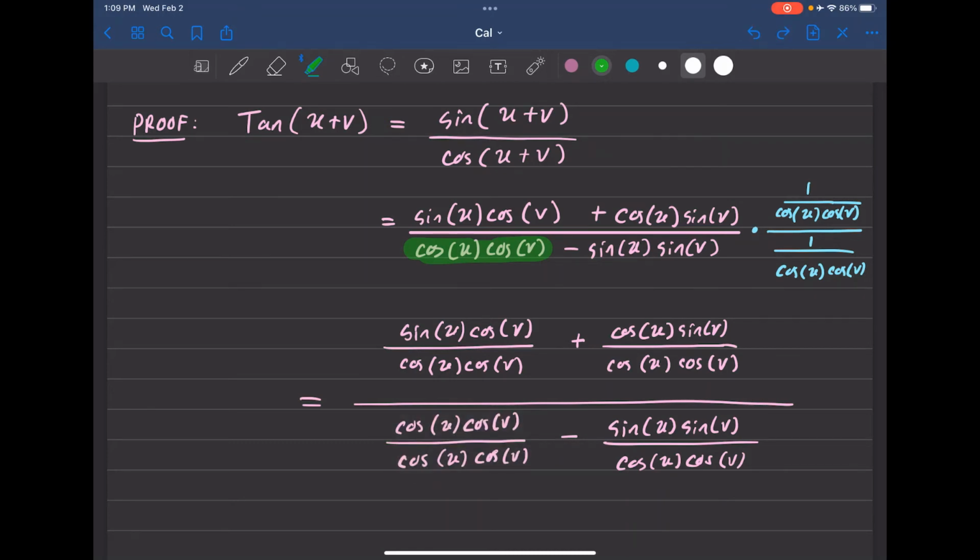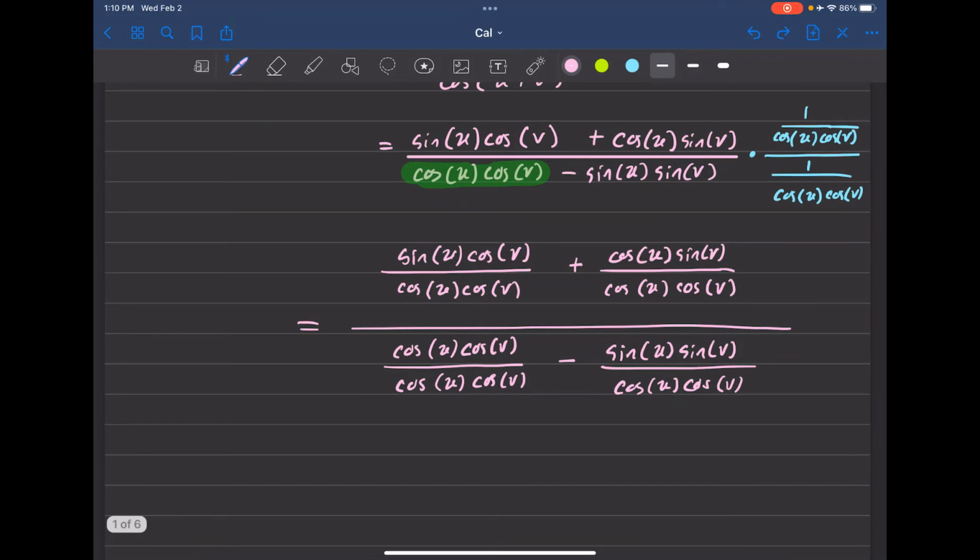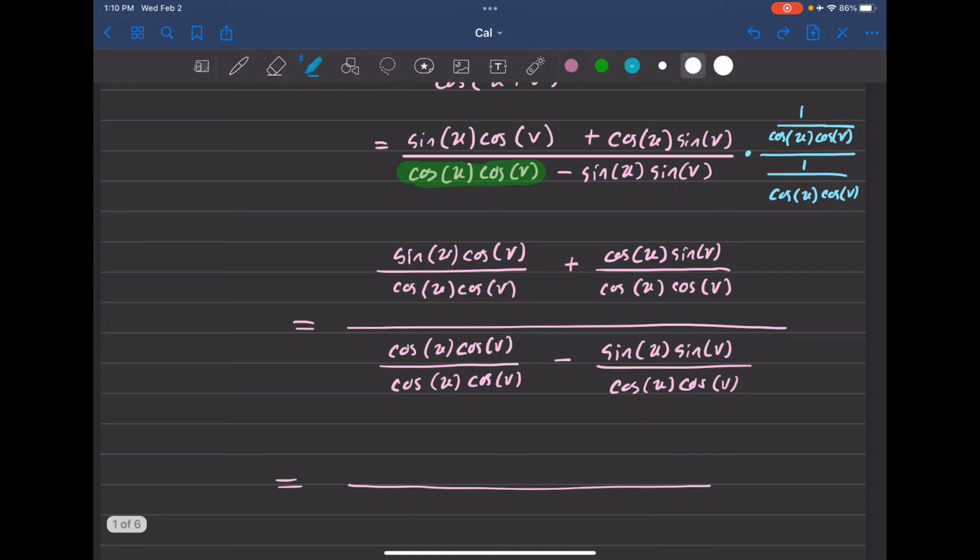Let's see what everything else simplifies to. Focusing on the numerator, cosine v and cosine v from top and bottom cancel out, so I'm left with sine u over cosine u. Plus, from the second fraction, cosine u and cosine u cancel out, so I am left with sine v over cosine v.